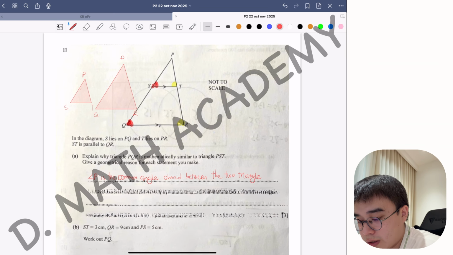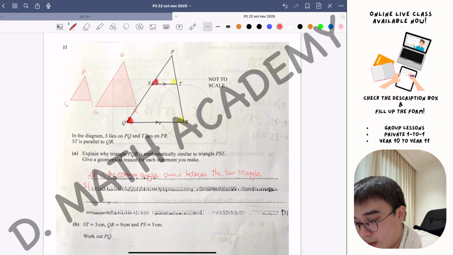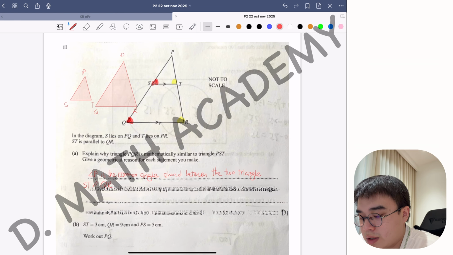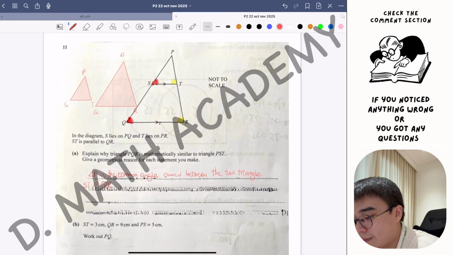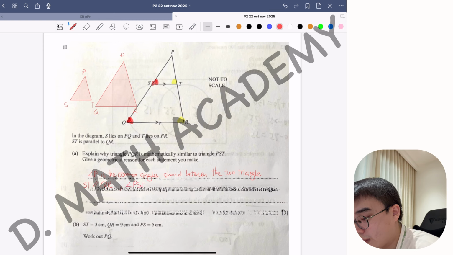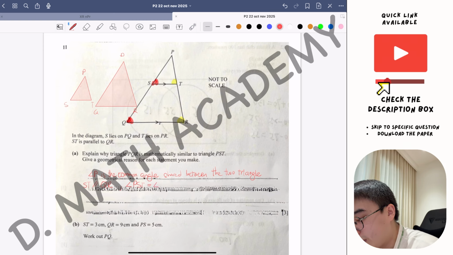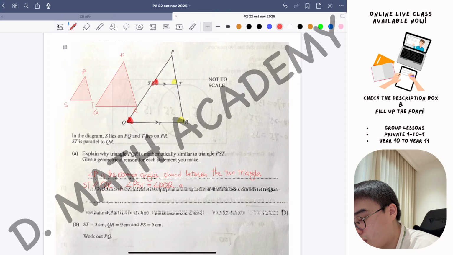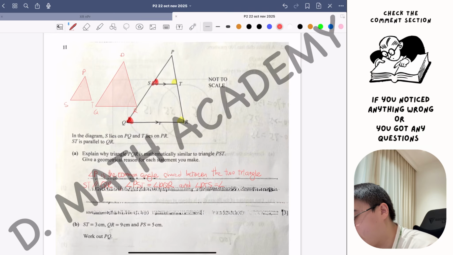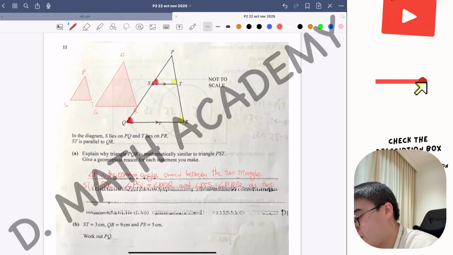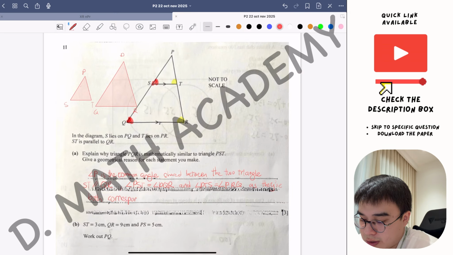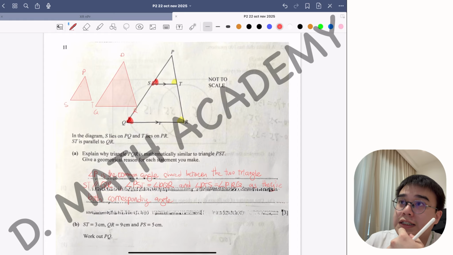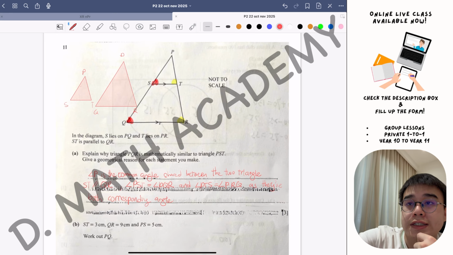So you can then mention again ST is parallel to QR, making angle PST equal to angle PQR, and also angle PTS equal to angle PRQ, as they are corresponding angles. So this will be the answer for our question here.